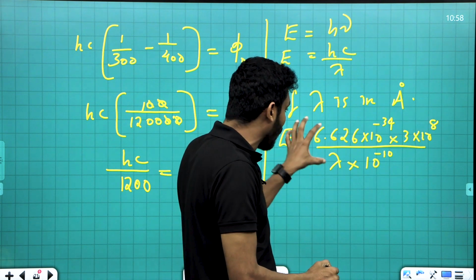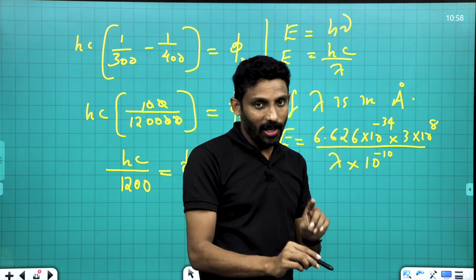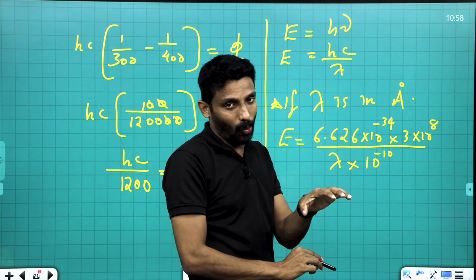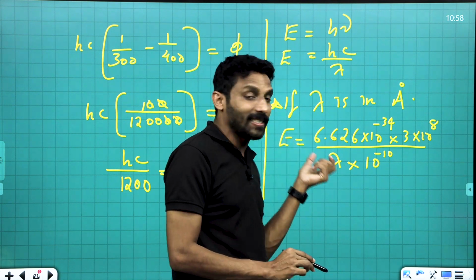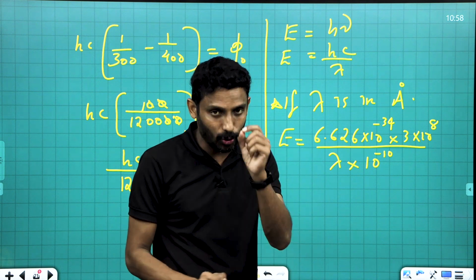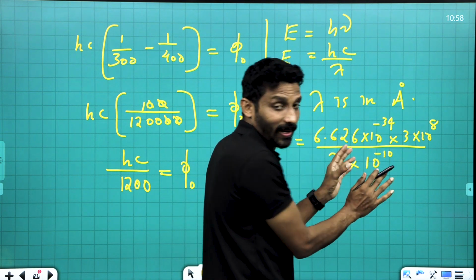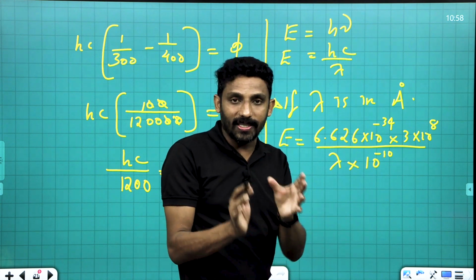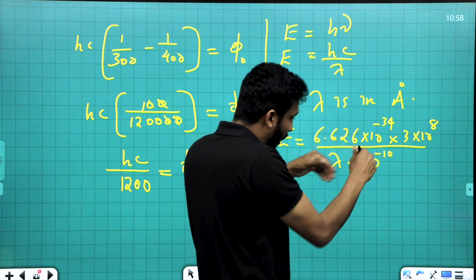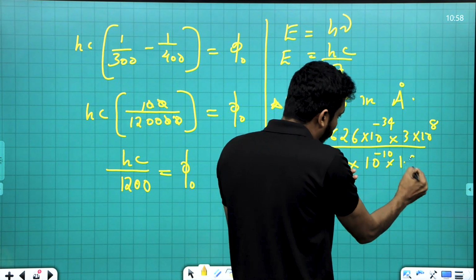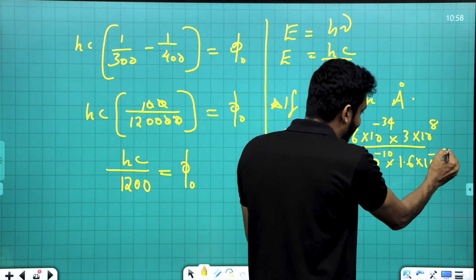Now this much will be in joule unit. Usually the energy in this type of questions will be in electron volt unit. All these are in SI, and the SI unit of energy is joule. So when we convert this into electron volt, we have to divide this by 1.6 into 10 power minus 19.